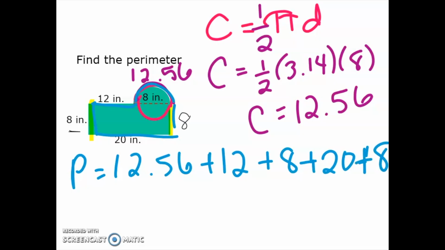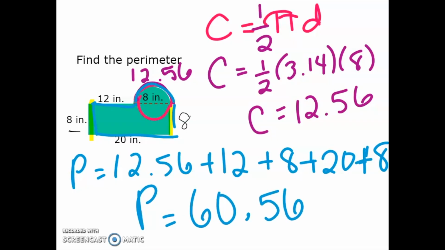And again, to do the addition, you are welcome to use a calculator to add all those numbers up. So I'm typing those into my calculator, and I get my total perimeter at 60.56 inches. And that is how we find the perimeter of a composite shape.